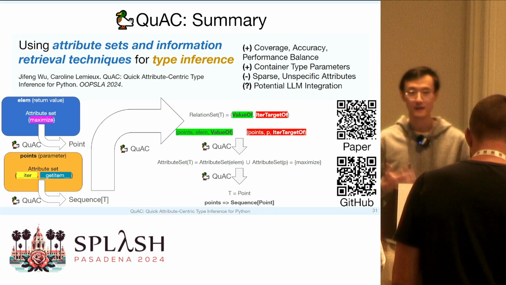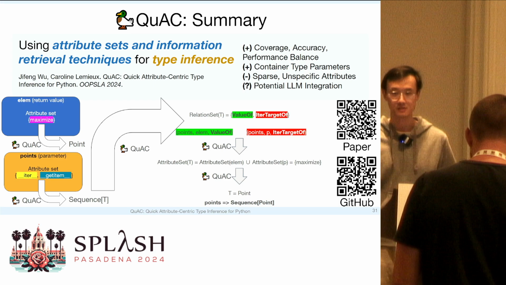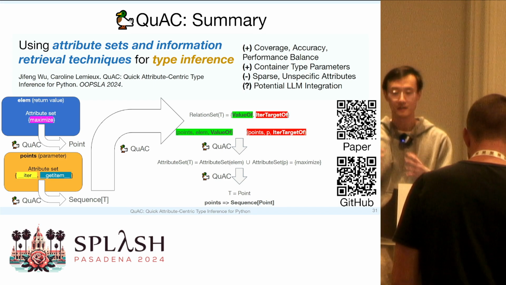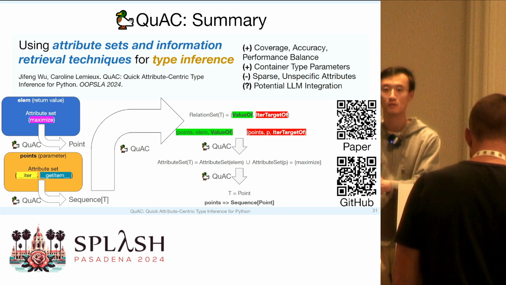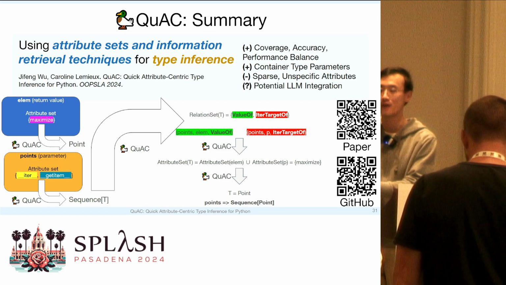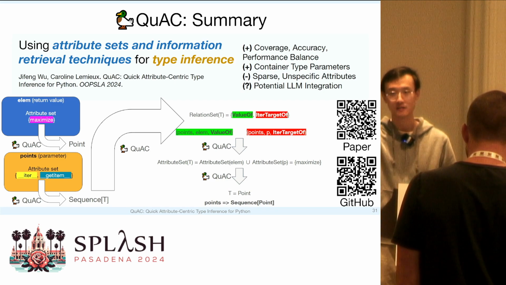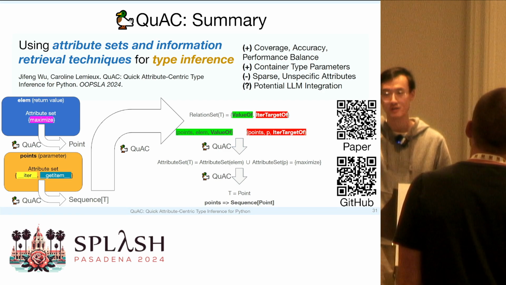Yes, so I guess the modeling for a TypedDict could follow a similar pattern for the modeling of things like container type parameters. For container type parameters, we defined relations which associated the semantics of the type parameters with expressions in the code.